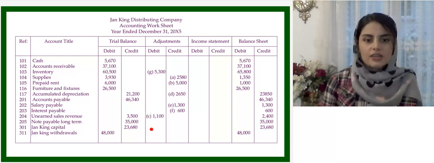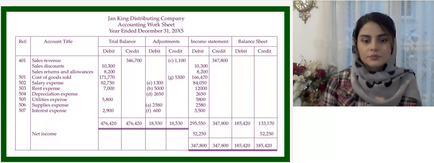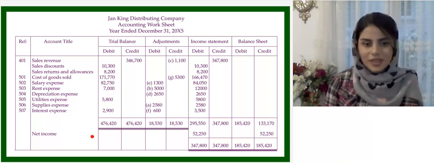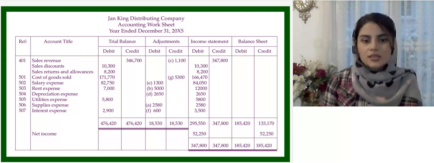It starts with cash and ends with the interest expense.